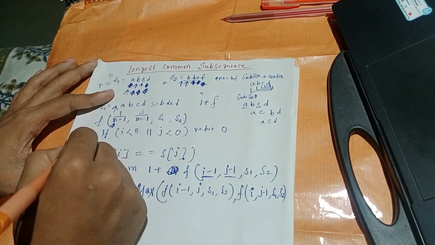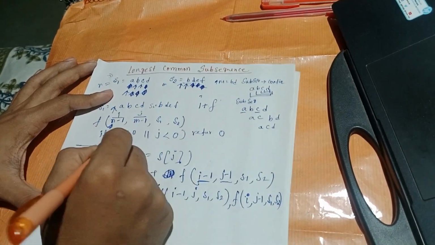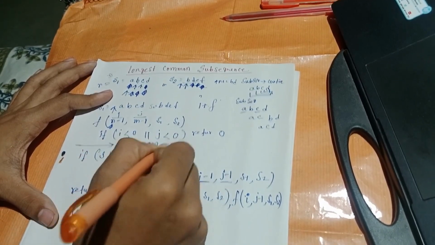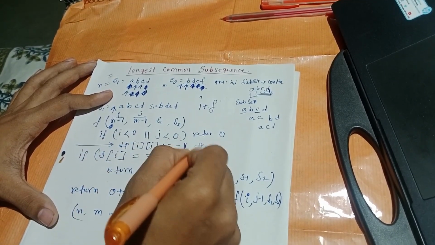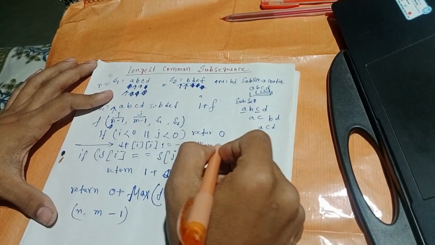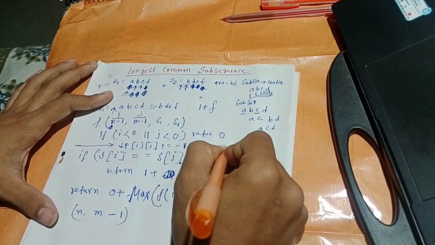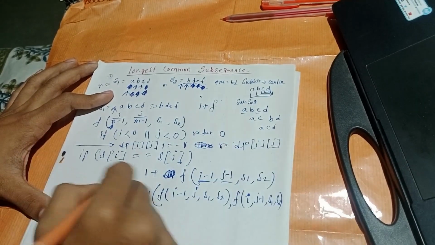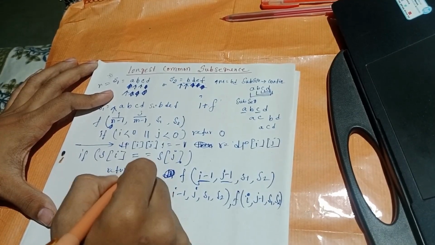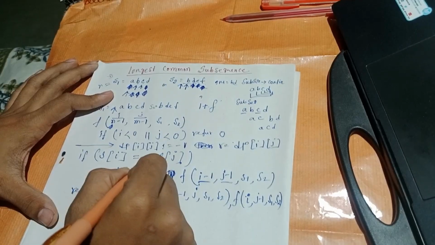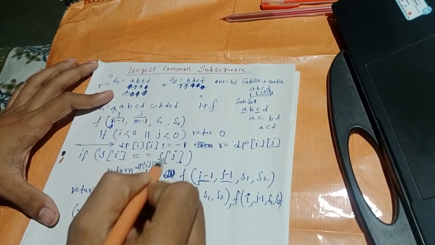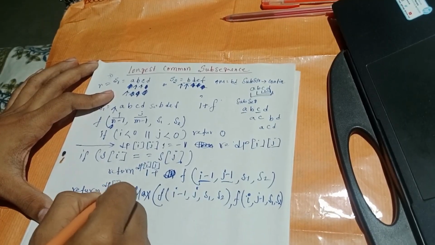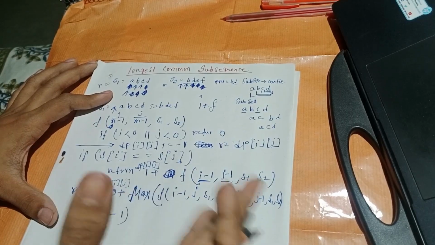Then when the function is called, you check if dp of i j is not equal to minus 1, then simply return dp of i j. Here also you write return dp of i j value, where it gives me the answer.